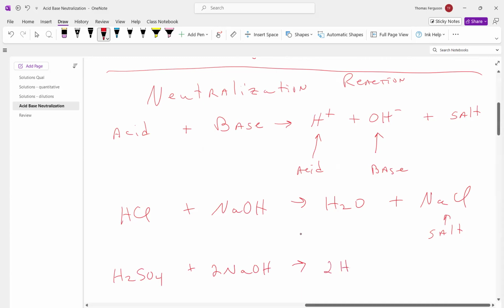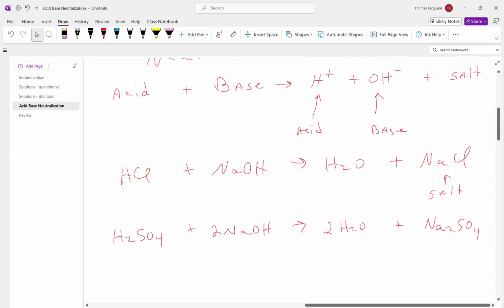That gives us two waters plus the salt, sodium sulfate, because we have two H's and two OHs coming off. Each one forms a water.